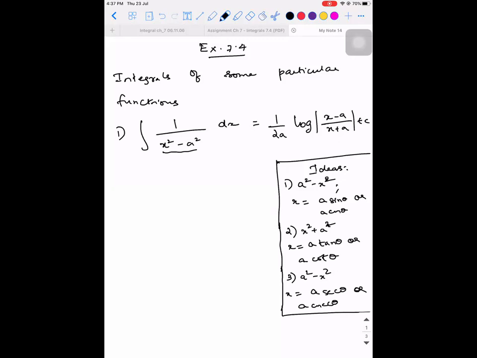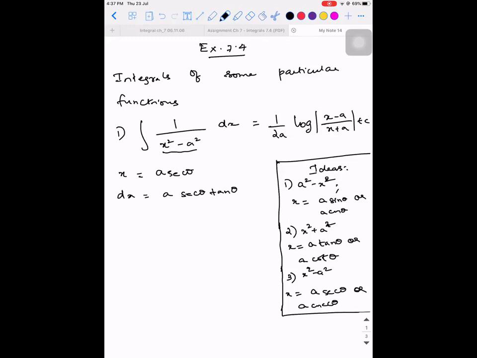Oh, sorry, it is x square minus a square. So when it is x square minus a square, what will you put x as? x is equal to a secant theta. Then dx will be equal to a secant theta tan theta d theta.